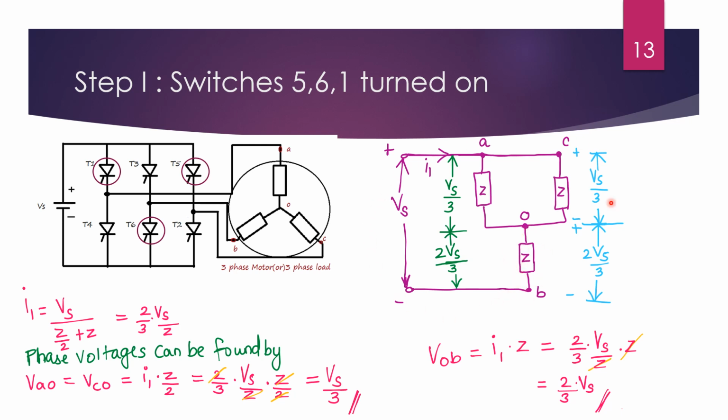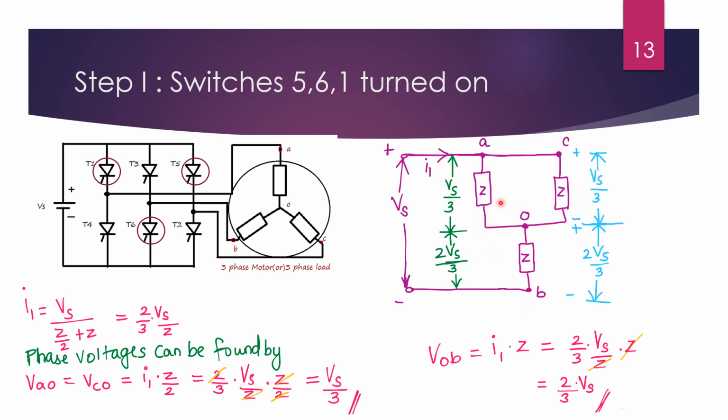So the equivalent circuit represents the input voltage source or DC supply Vs. Based on the switches that are conducting, the load is represented. As per the circuit diagram, in step 1, the A phase, positive C phase are conducting and negative B phase is conducting. That is why the load is represented this way.